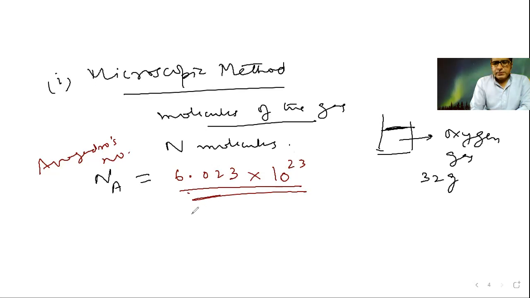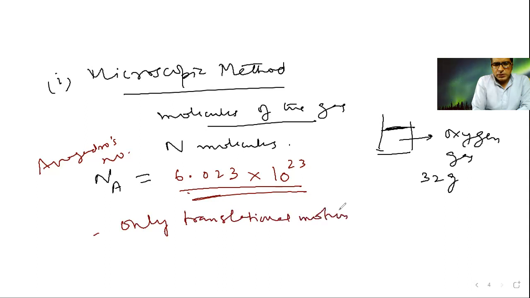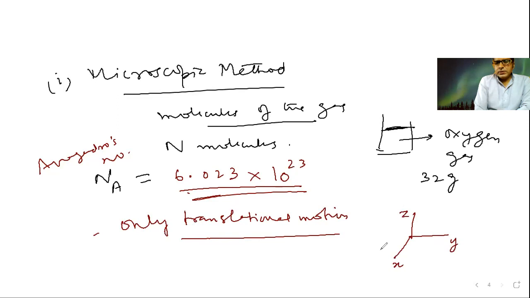Now, if we assume only translational motion in the gas, then each molecule can move along x-axis, along y-axis, and along z-axis.